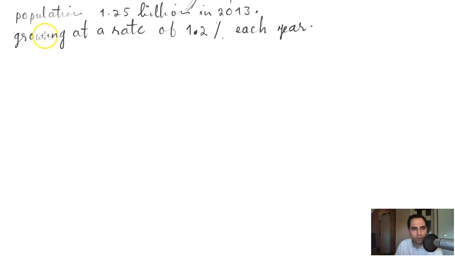So to get this model, for example, you can basically draw a table like this and see what you get here.